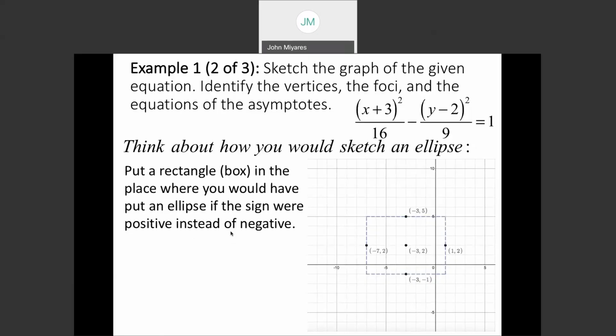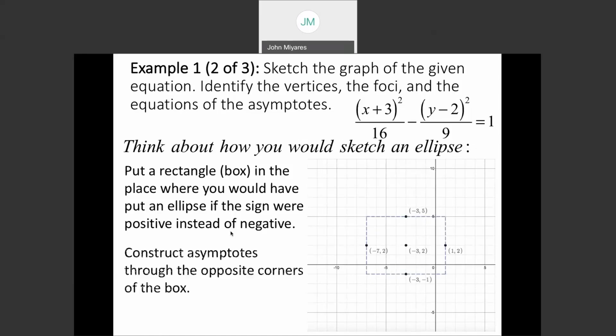Why is this rectangle important? Well, for a few reasons. First, we're going to construct asymptotes through the opposite corners of this box. Based on how this box is constructed, the slopes of the asymptotes will be b over a and negative b over a and intersect each other at the center point.